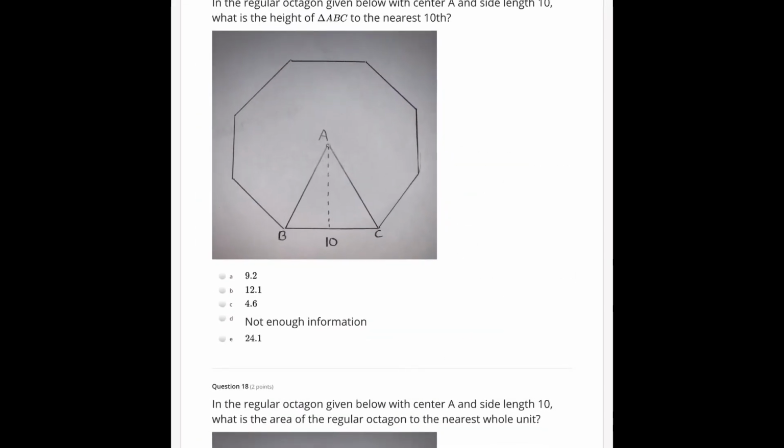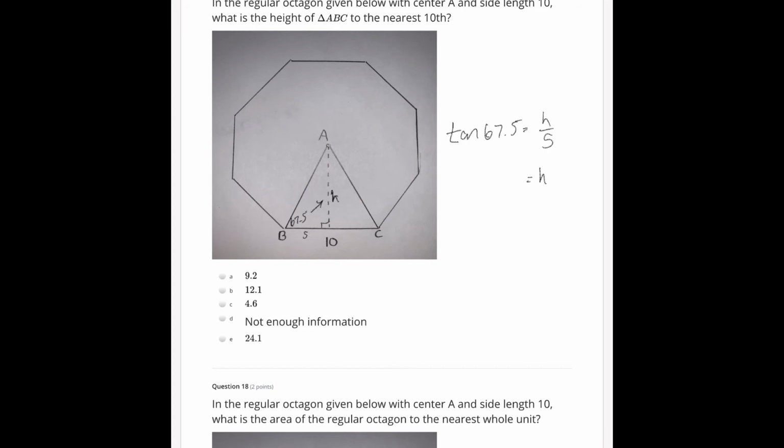Alright, 17. So if this is 67.5, let's find our height. Well, this whole side down here is 10, so in the right triangle, the bottom would be 5. And so we're going to do tangent 67.5 equals my height over 5.